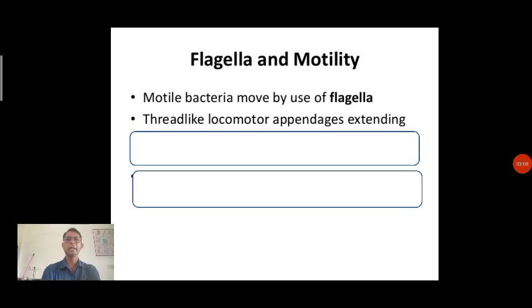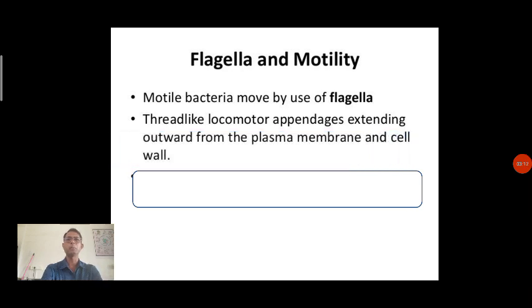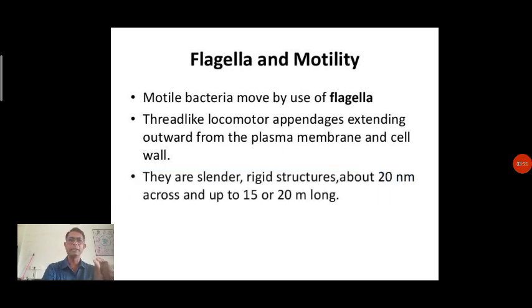It is a thread-like locomotory appendage extending outward from the plasma membrane and cell wall. When we observe this bacteria in detail, we see that it is a thread-like locomotory organ that appears from the plasma membrane and also from the cell wall. So the cell wall and cell membrane are the two places from where the flagella originate.